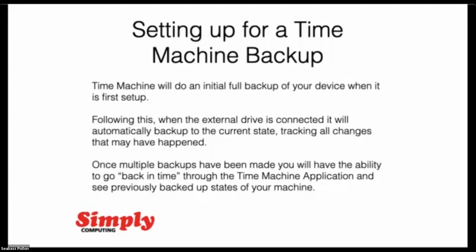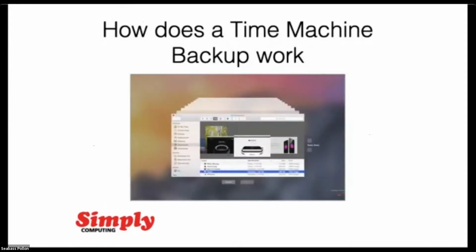Once multiple backups have been made, you'll have the ability to go back in time to a date where you might have had that original file that you can then recover from. That is a feature called Enter Time Machine, which we'll cover in a moment.